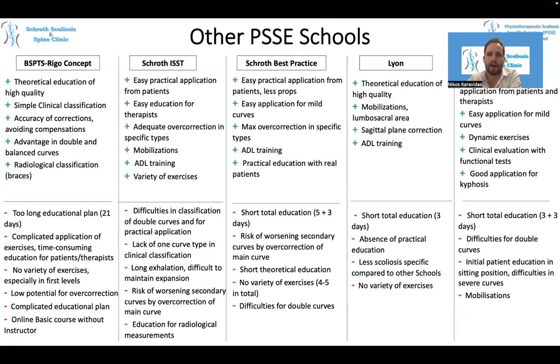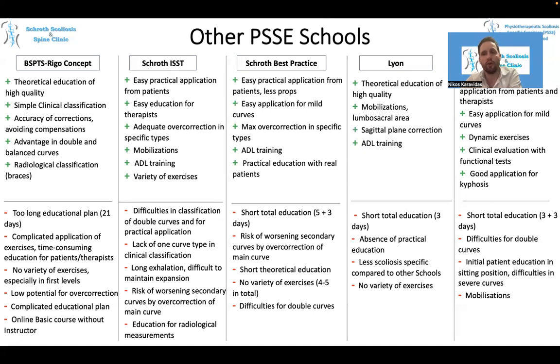I always believe that for any therapist, it is really good to follow many different schools so that they can be able to identify by themselves how these approaches can work, and then they can have their own criteria to compare. So you need to compare different treatment techniques to be able to understand scoliosis treatment better.